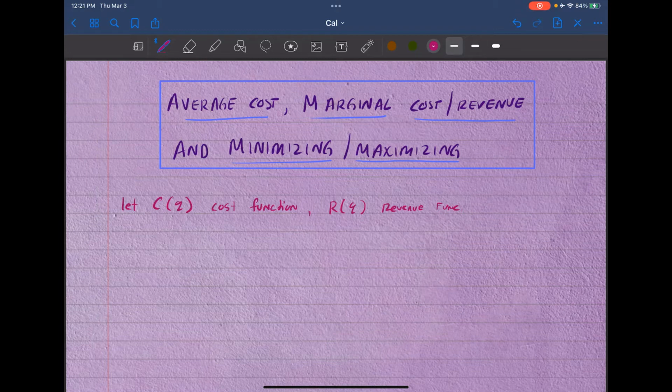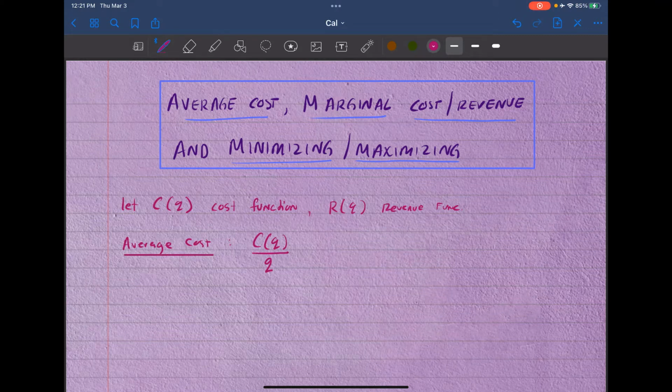So if you know these two functions, then we can do some calculus on them and figure out different components, such as average cost. Let's say the average cost of something will simply be the cost function divided by Q, where Q represents the number of units we're producing. So that's one of the formulas we have to know for average cost.